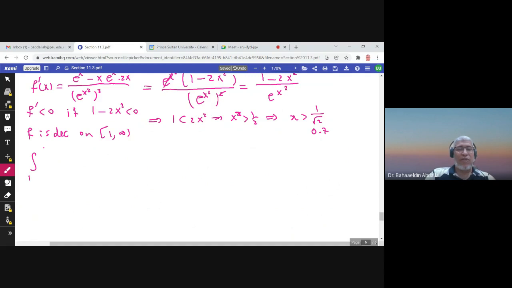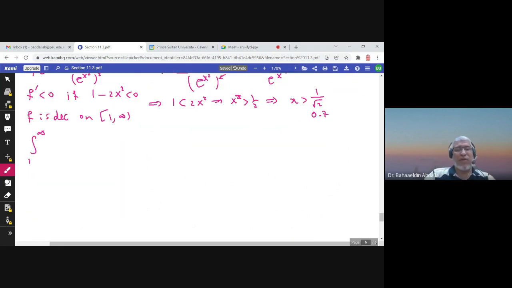And now I can consider the improper integral of this function x over e to the x squared. Writing the definition of the improper integral. And now let us think of this integral. Well, the derivative of x squared is 2x.